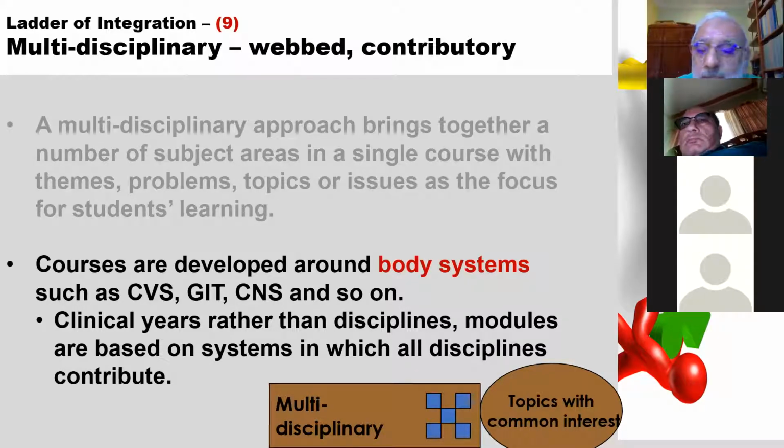So if we bring the same structure to clinical years, for example, rather than having a pediatric posting or a medicine posting or surgery posting, we have a posting of cardiovascular system. And different disciplines or specialties are contributing towards that.